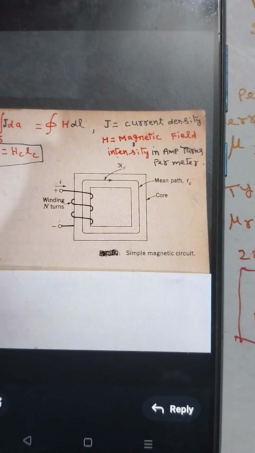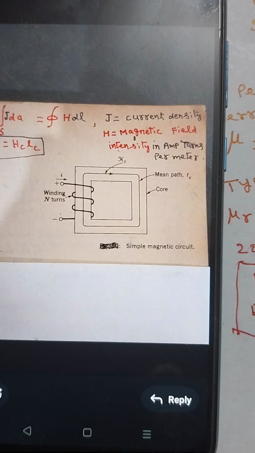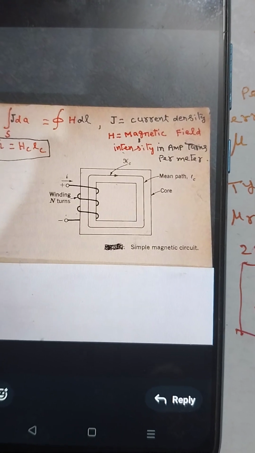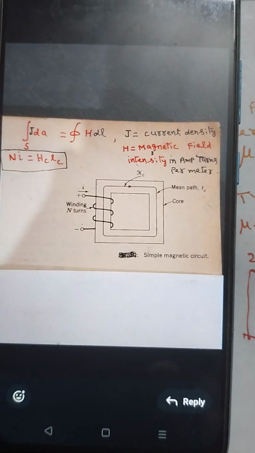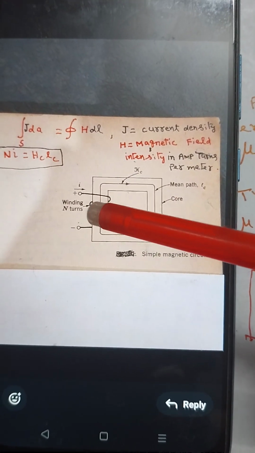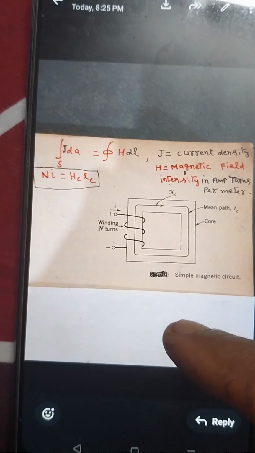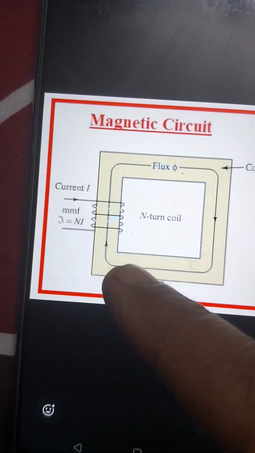The ampere turns Ni can be produced by one winding or more than one, where the total of all windings is Ni.